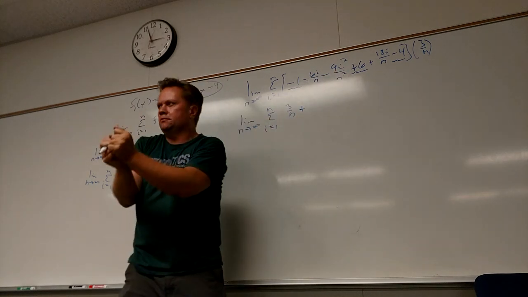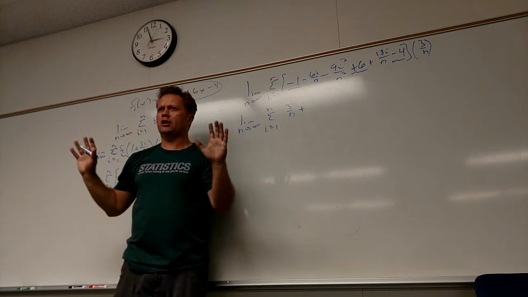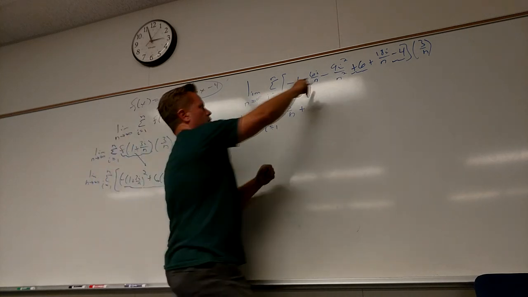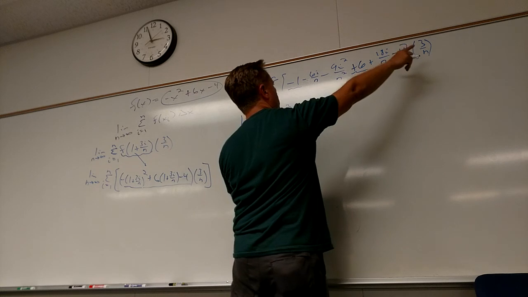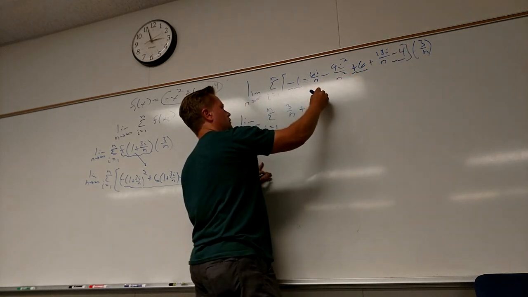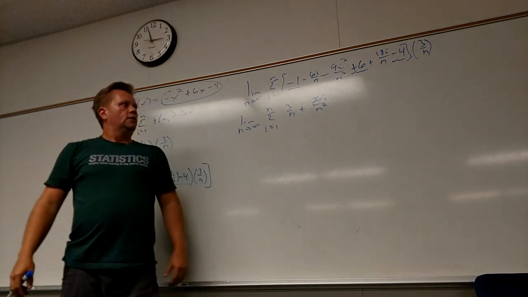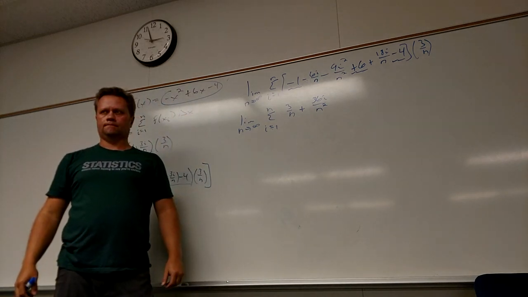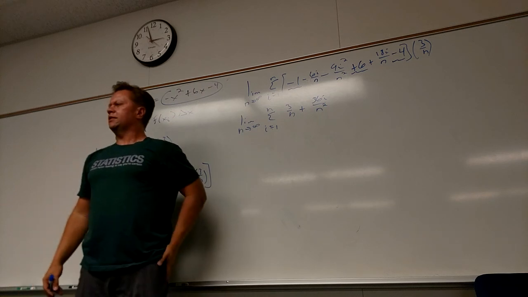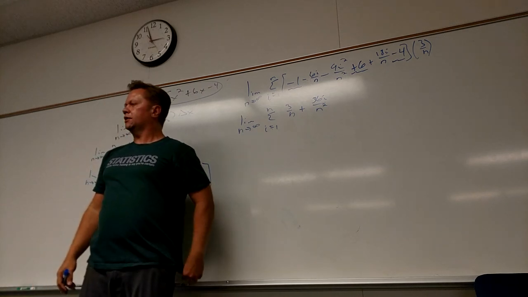Let me make sure everybody's with me. You see all I'm doing right now? This is just algebra right now. So plus 12i over n times 3 over n is 36i over n squared. Kind of sucks about the index being i is you don't think it's complex, okay?